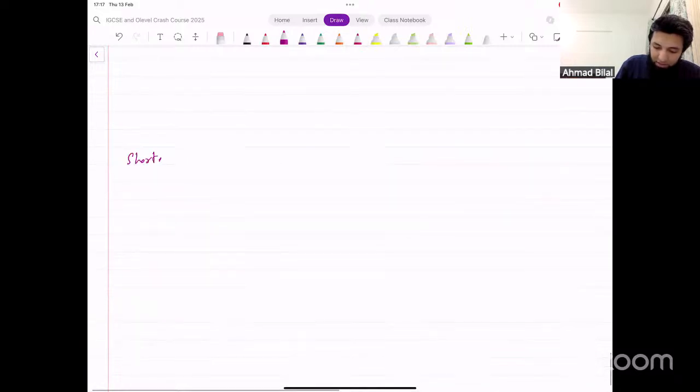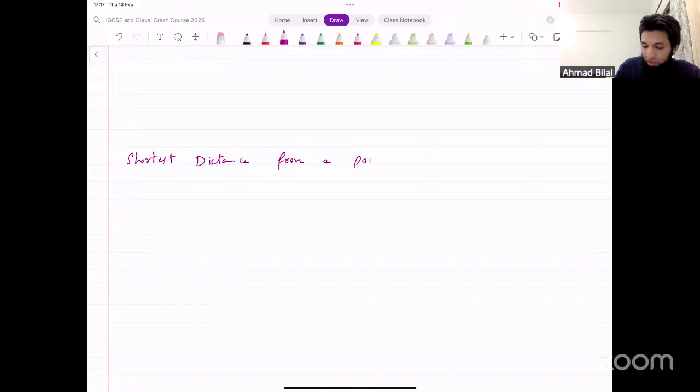Shortest distance from a point to a line is always perpendicular distance. Shortest distance from a point to a line is always perpendicular distance.